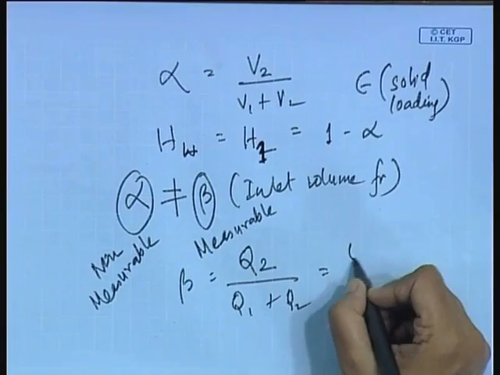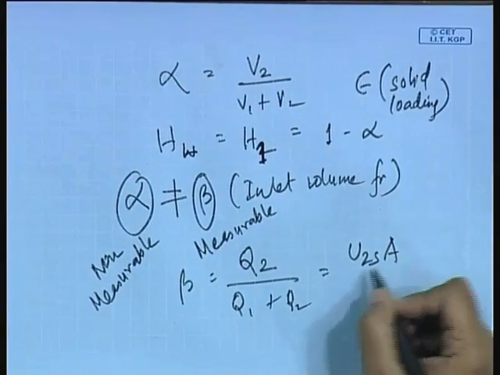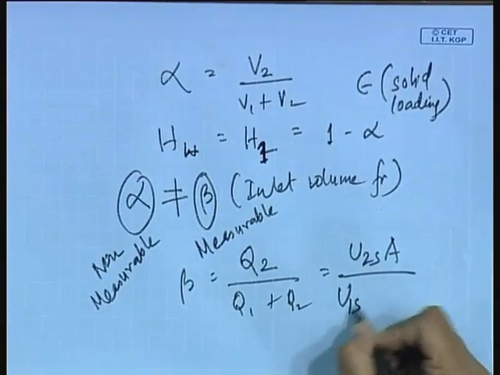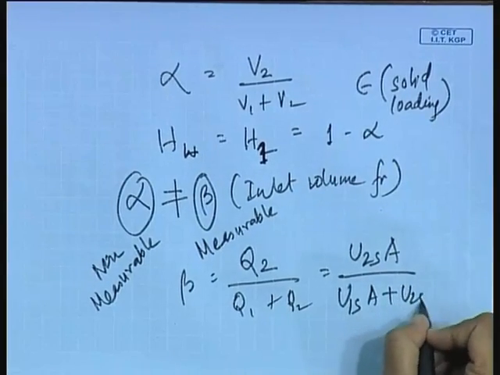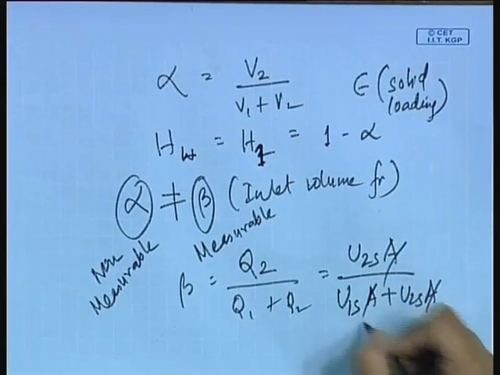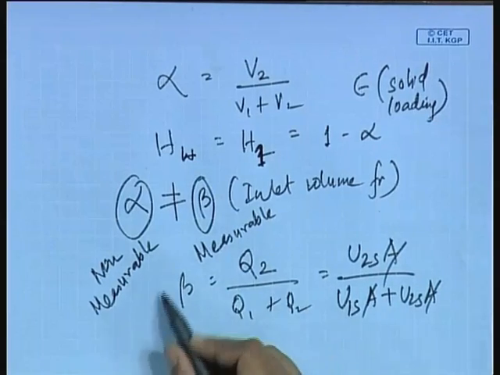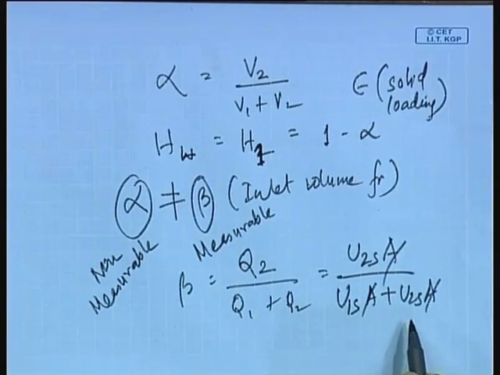Louder. Is it U2 or should it be U2s, the superficial velocity? Because Q2 is nothing but U2s A by U1s A plus U2s A, and the A's cancel out. So, therefore, beta can be related with the superficial velocities as well.